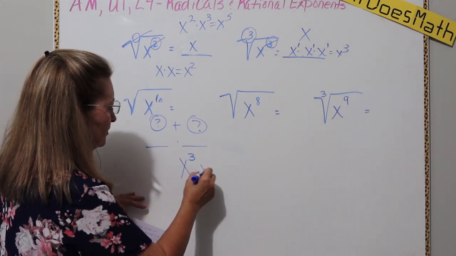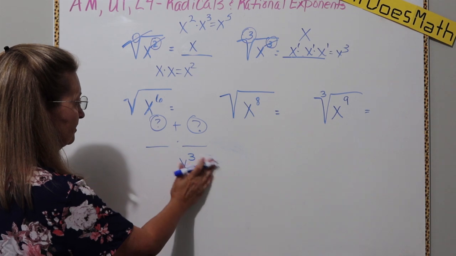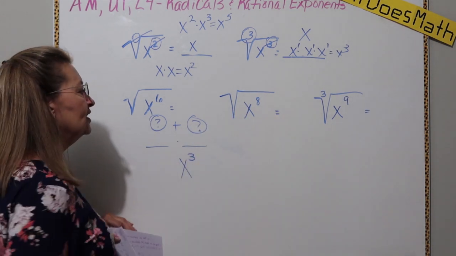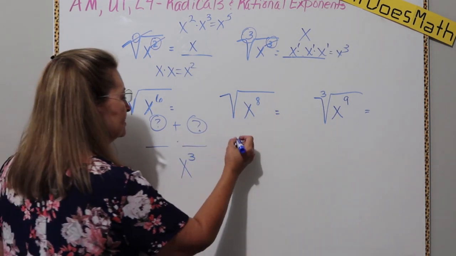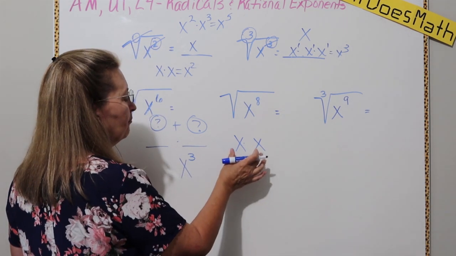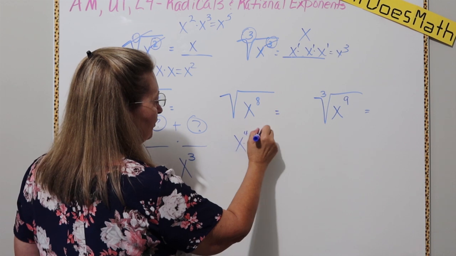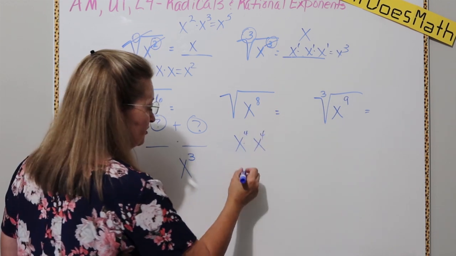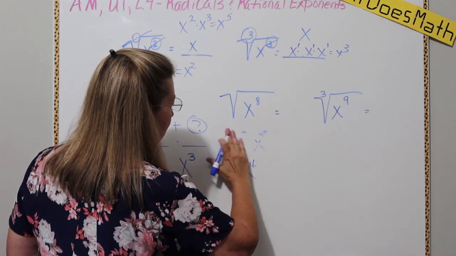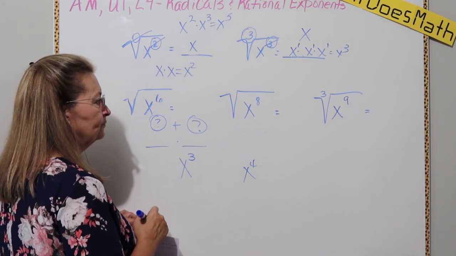Isn't x to the 3rd times x to the 3rd? You add your exponents and you get x to the 6th. Okay? So let's look at x to the 8th. This is saying, what exponents of x could I add together to get the 8? So that would have been x to the 4th times x to the 4th. So the square root of x to the 8th is x to the 4th.